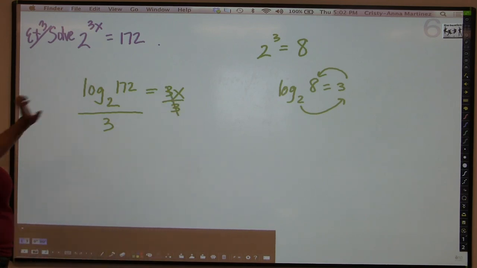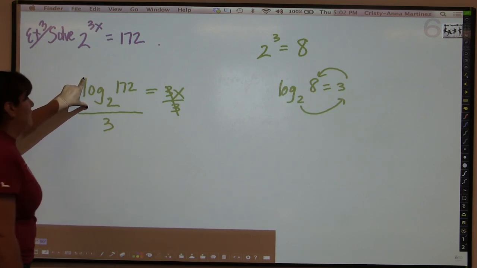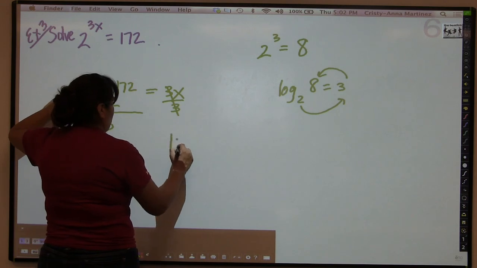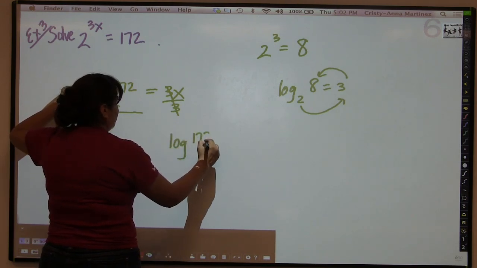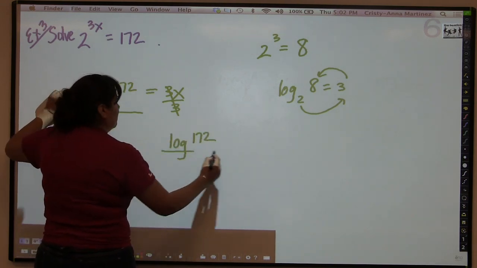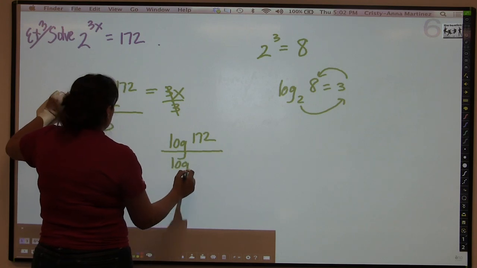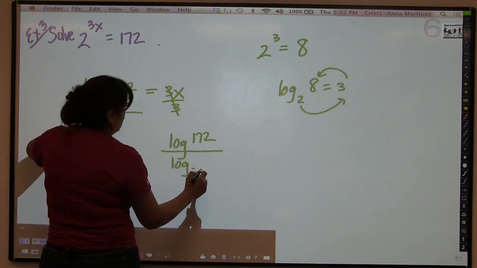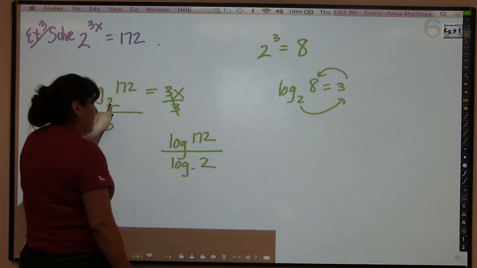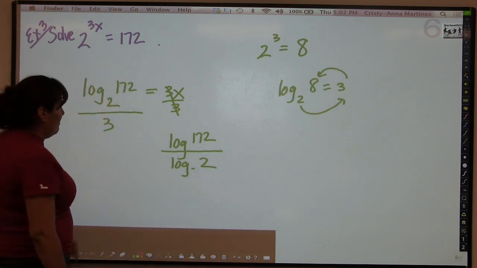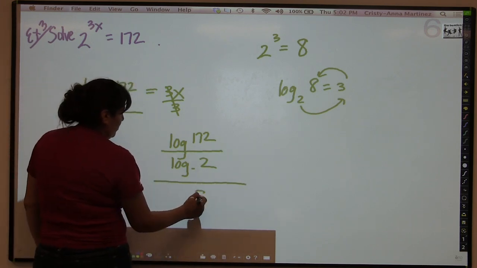But to get an actual answer, we need to convert this into a base 10. So furthermore, I'm going to say log base 10 of 172, remember it's the same as the original, divided by log base 10 of 2, okay? And then all that is divided by 3, okay?